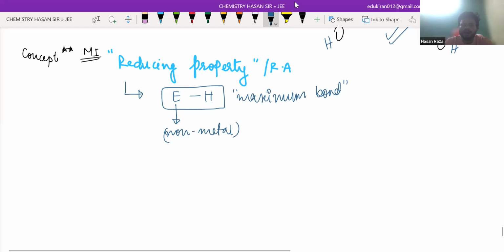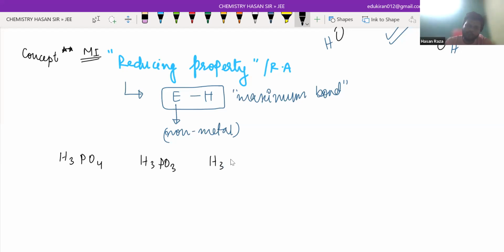Like if I'm gonna ask you which one of the following out of these three, H3PO4, H3PO3, and H3PO2, is the most reducing agent, the most reducing property, this question will be solved by drawing the structure. If you draw the structure like we did in the previous class, you can see it will be like this.